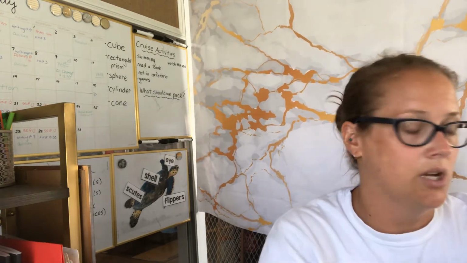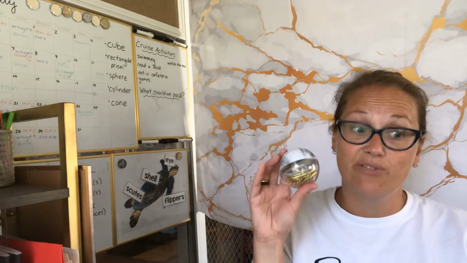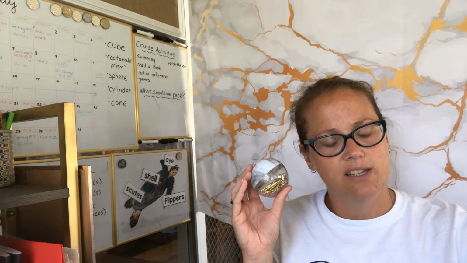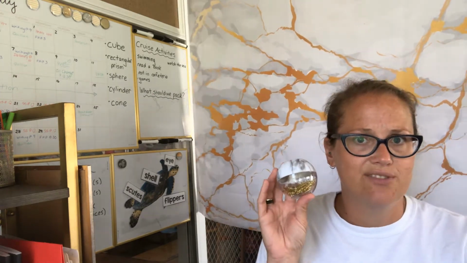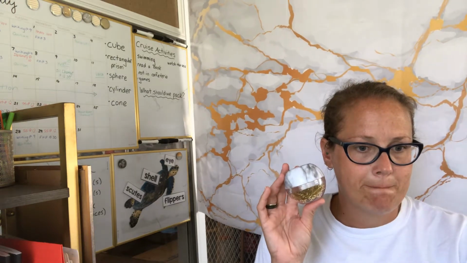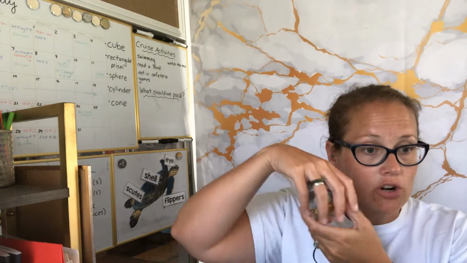Okie dokie. Now, I have a trick. Here's my sphere again. Are there any faces, vertices, or edges on a sphere? No, there's not. This sphere only has one whole curvy side. It doesn't have any polygons on the outside.